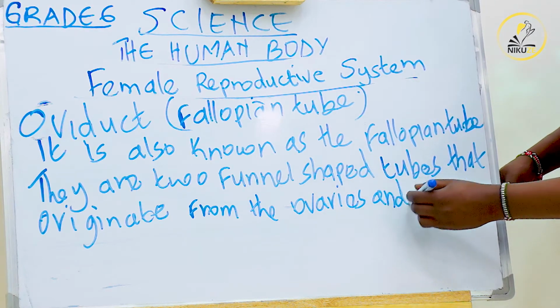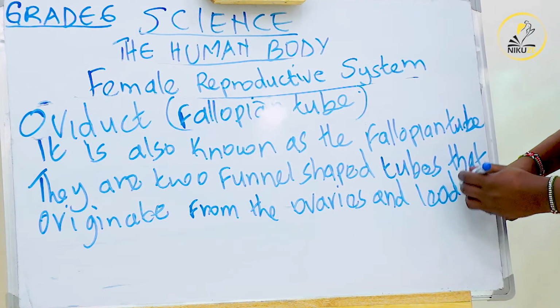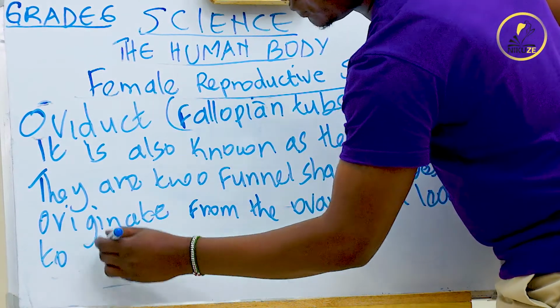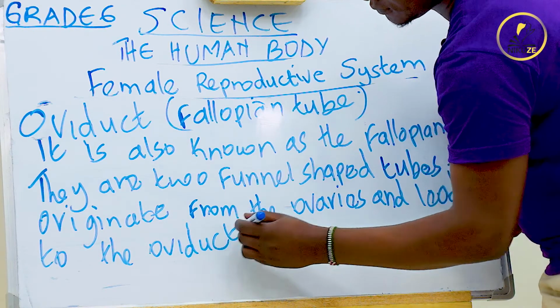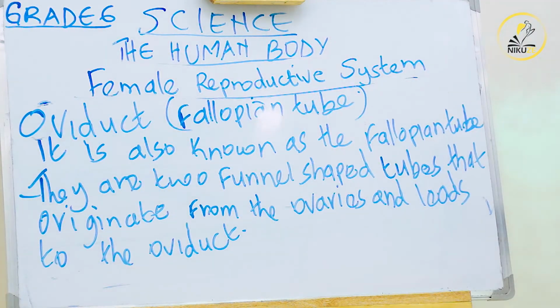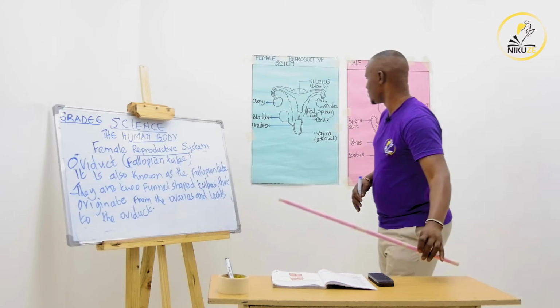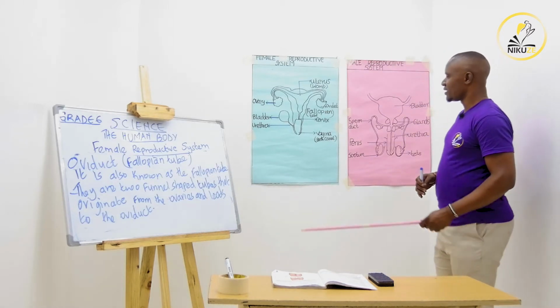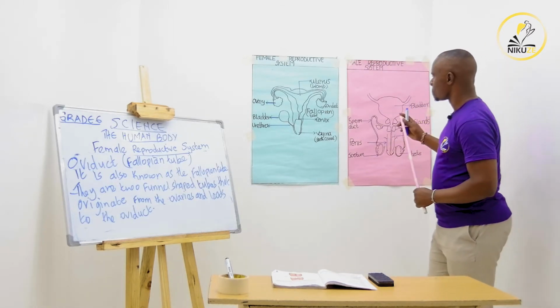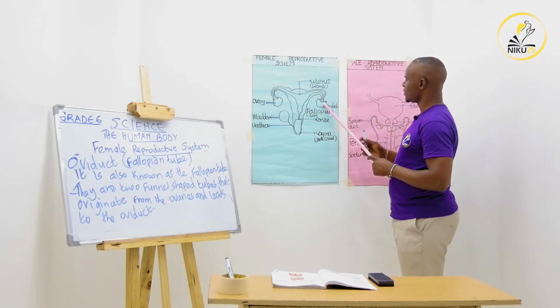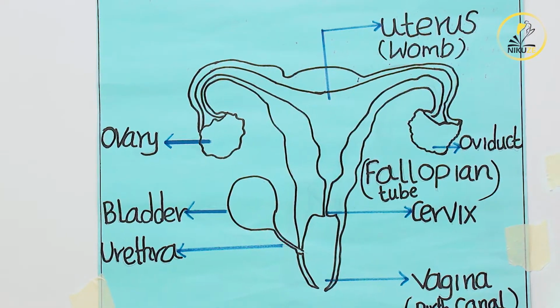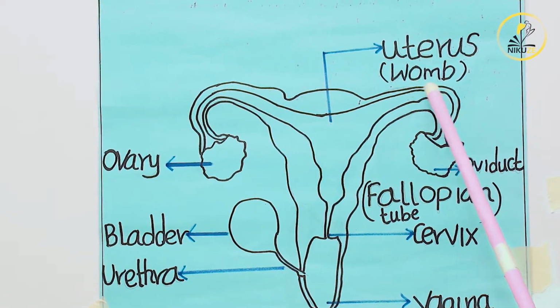So there are two funnel-shaped tubes that originate from the ovaries and lead to the uterus. What does this mean? We are talking of the oviduct here. They are two funnel-shaped tubes, and they lead to the uterus all the way here.